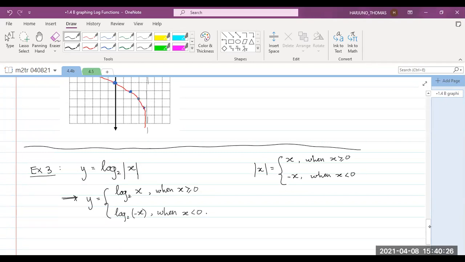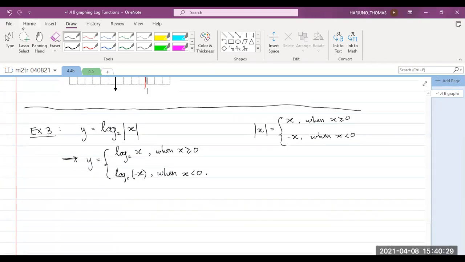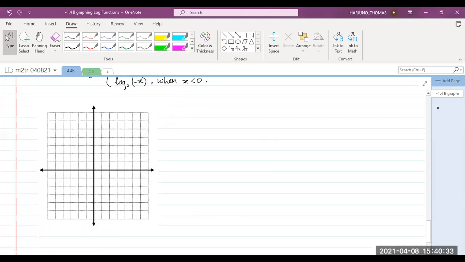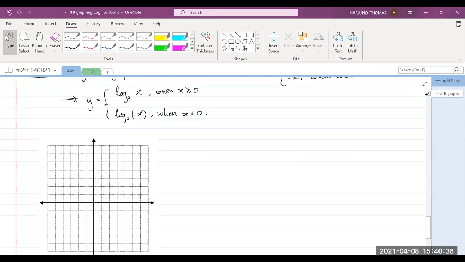Okay, now then we can start sketching it. On the right hand side, on the positive side, when x is greater than or equal to 0, we will graph log base 2. Log base 2 looks like this. Yeah, let me bubble the important coordinates, the coordinates I use to graph.